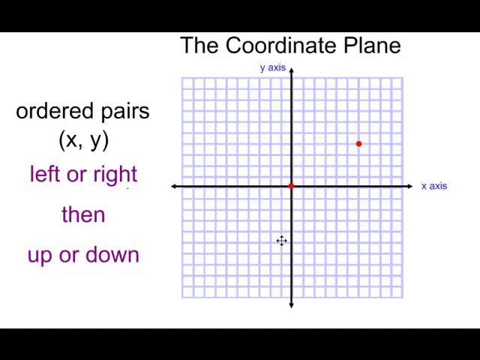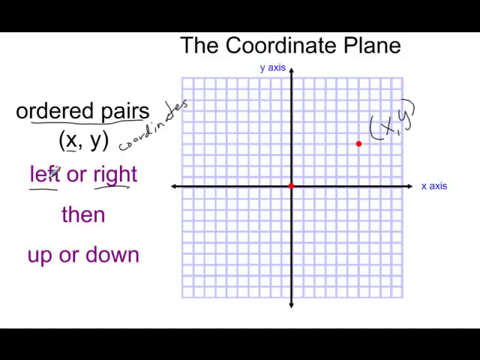So, here I have a point over here. It's in quadrant 1. That point has an x-coordinate and a y-coordinate. So, we call those ordered pairs, these coordinates. First, we're going to use the x-coordinate. That means we're going to go left or right.